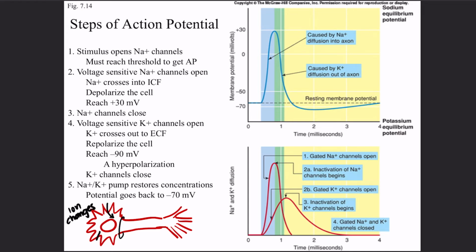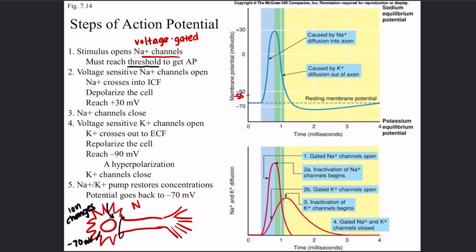So at rest, it is at negative 70 millivolts, but what happens is there's going to be so much change where it reaches a threshold, and once it reaches a threshold, it opens up these sodium channels. These are voltage gated. And if we reach our threshold, which is negative 55 millivolts, it is going to open up those voltage-gated channels.